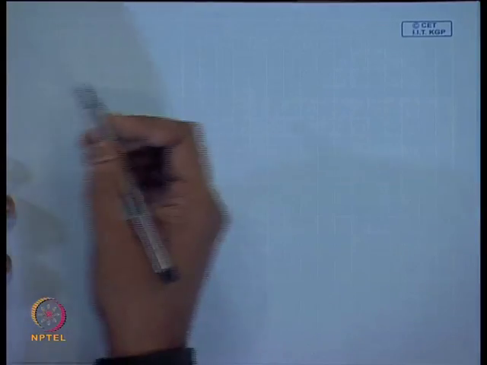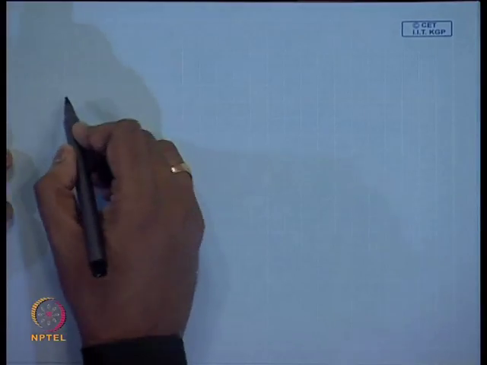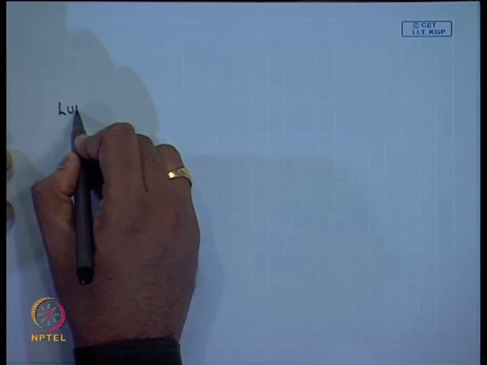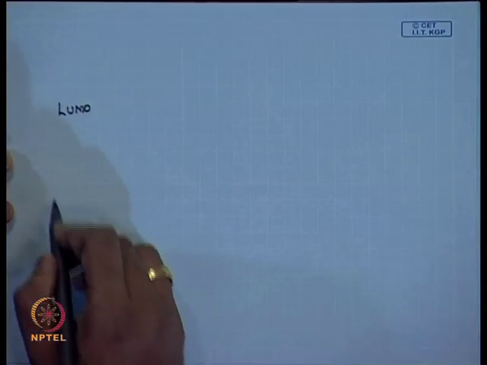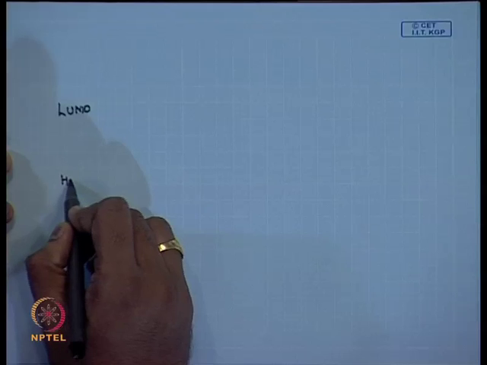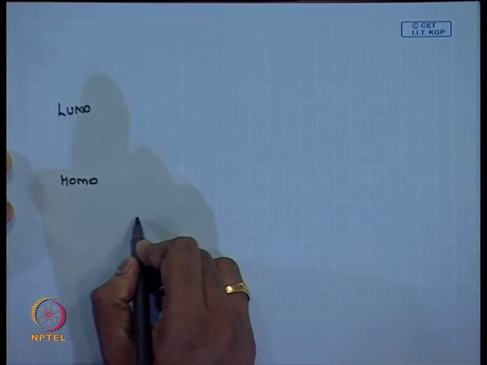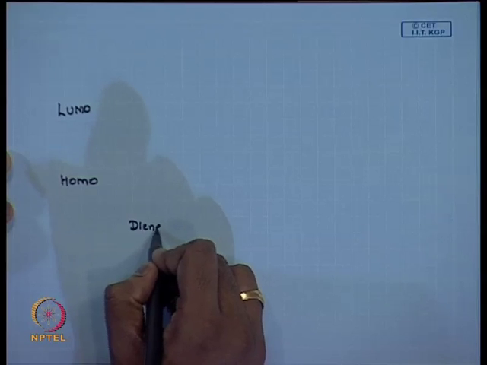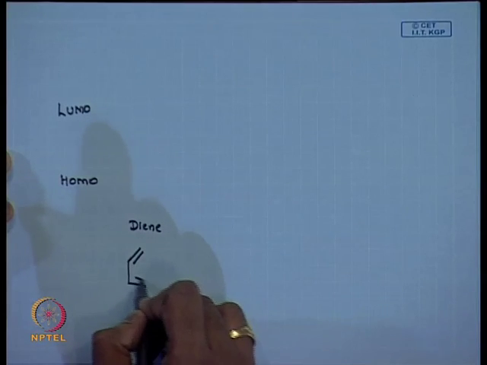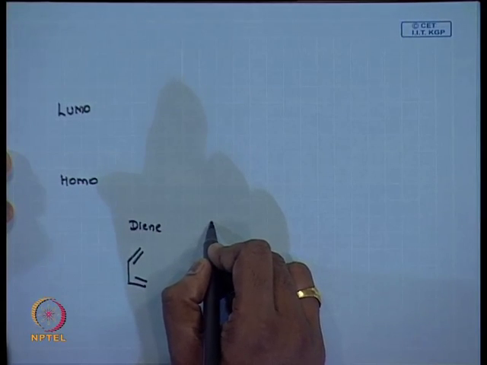Okay. Why should it happen basically, or how to understand it? Basically, you can get into your HOMO and LUMO again. I will take my regular diene without any substituent, and a dienophile.